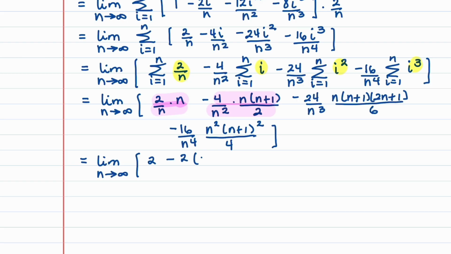Up top, we have n squared plus n, and then in our denominator, we have n squared. Now let's look at our third term. We have 24 divided by 6, so that gives us a minus 4. And now we have to multiply this out. n times 2n is 2n squared, and then we have another n, so this is 2n cubed.